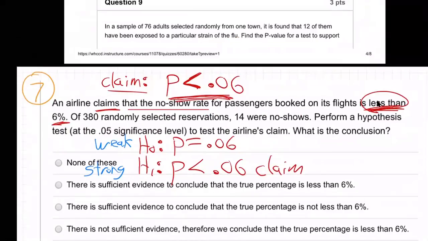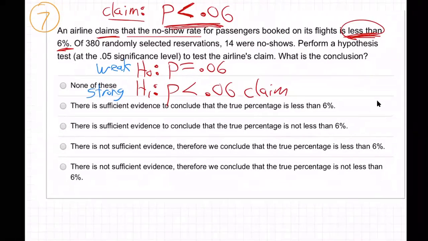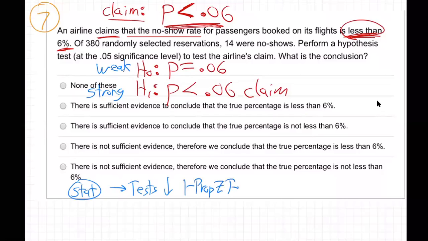All right. So I'll come on down here. On my calculator, I'm gonna hit stat. Go over to test. Go down to one prop Z test. And hit enter.